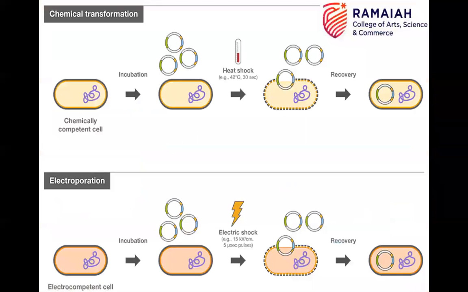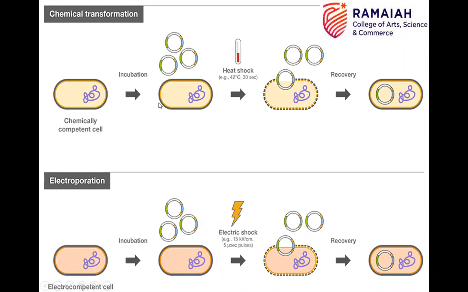This schematic representation shows the two methods of transformation in bacteria. One is chemical transformation, the one we discussed now. The cell becomes a chemically competent cell. How? The way I showed you in the previous slide, when it is treated with a chemical like calcium chloride, the cell wall becomes permeable for the entry of external DNA.